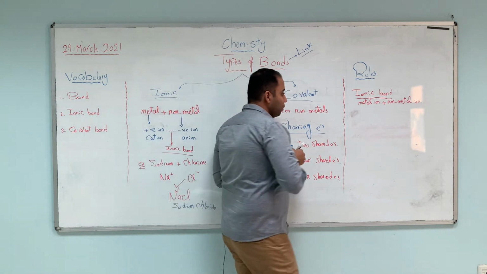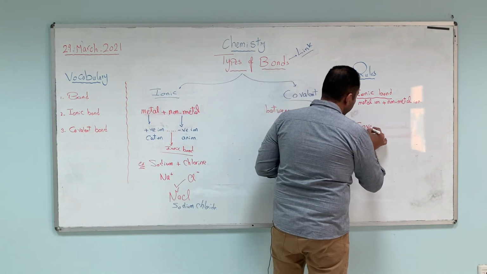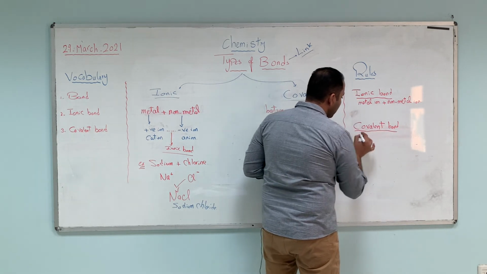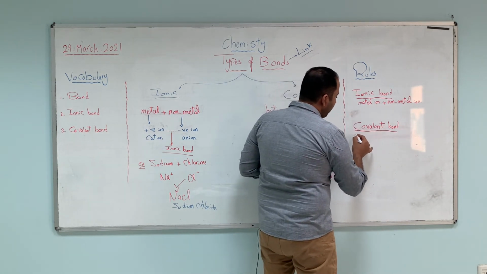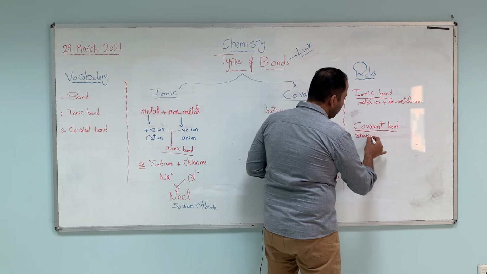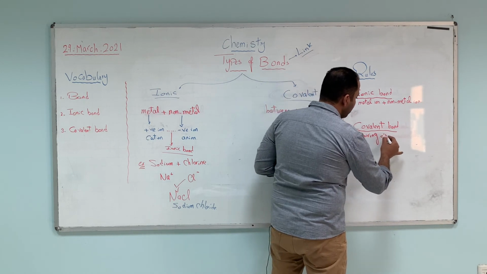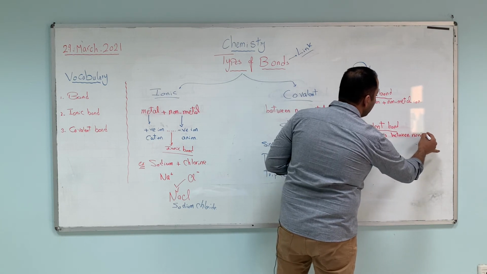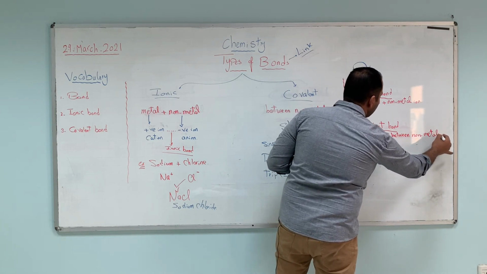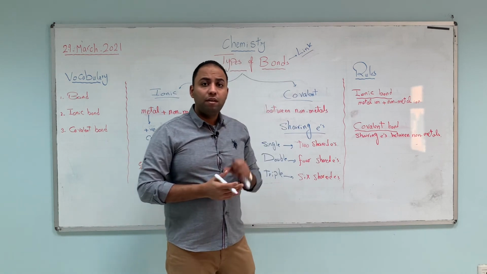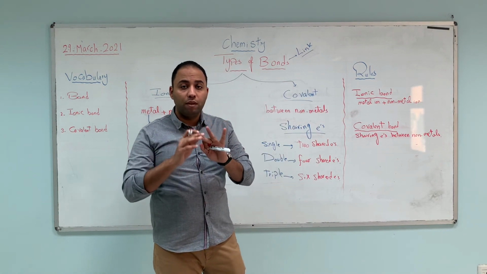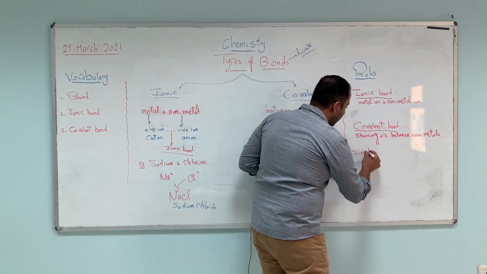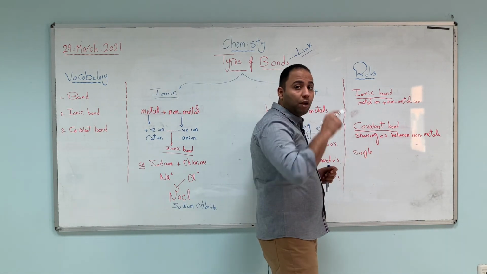The second rule, covalent bond. Here it will be sharing electrons between non-metals. The last point, there are three types of covalent bonds: single, double, and triple. So I'll write here single, and we can refer to the single by one dash.